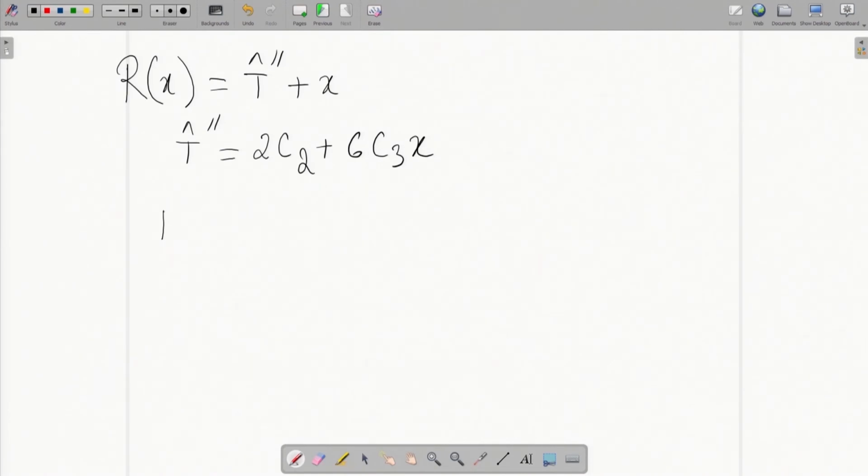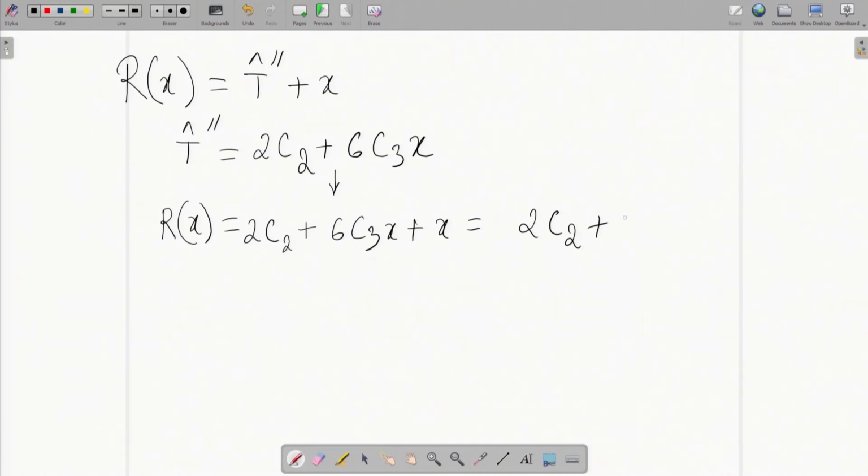You are now ready to obtain the residual function. So, you just substitute this expression and add x to it. So, now you have an expression for the residual.